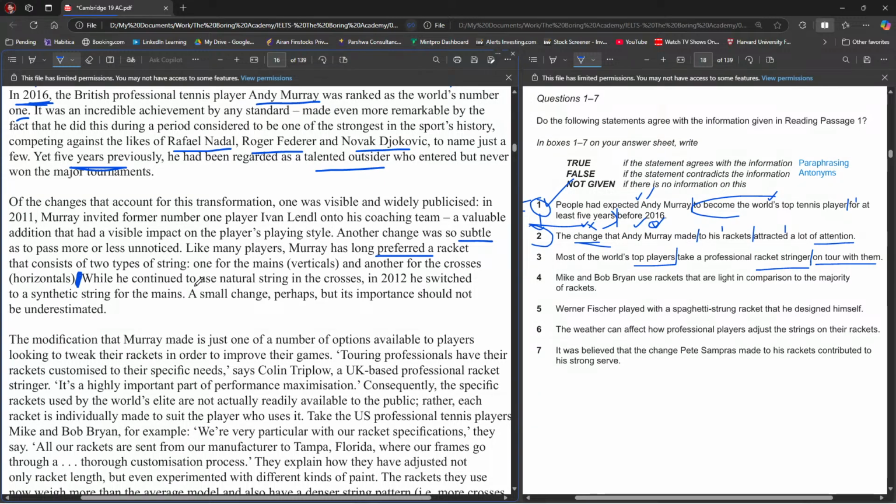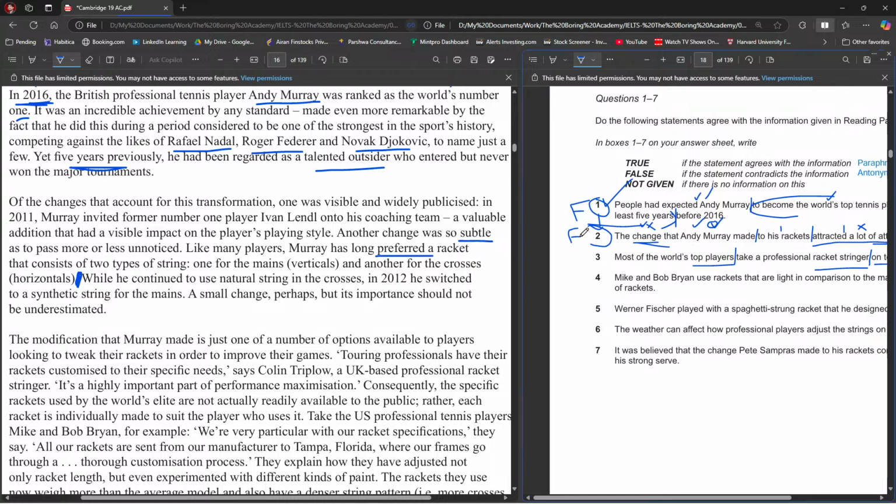But he preferred these two types of strings. One was for the mains, the vertical ones, and the other one for crosses. And this change, did everybody notice? Did it attract a lot of attention, or did it go unnoticed? It was unnoticed. So this information is contradicting. Yes, unnoticed. Yes, false. The answer is false.